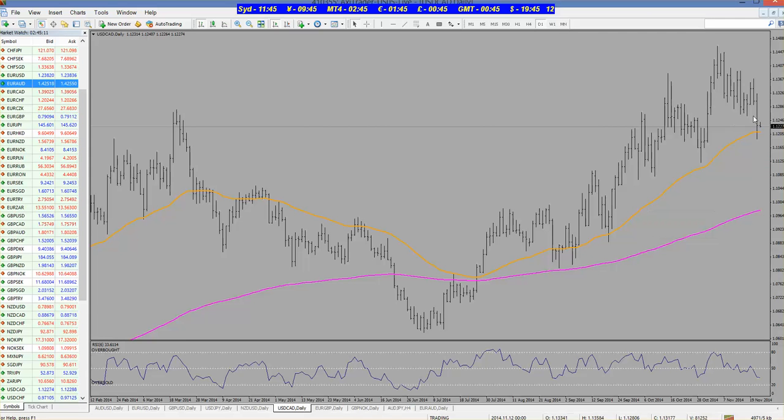Yeah, so the Chinese data pushed all the commodity currencies higher. Now back to the 50.